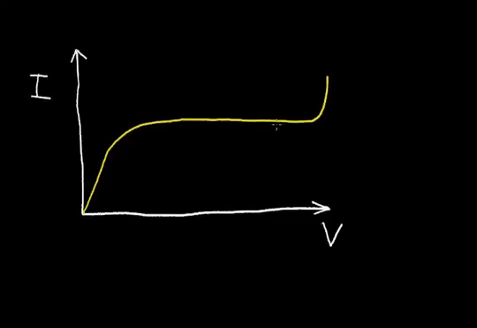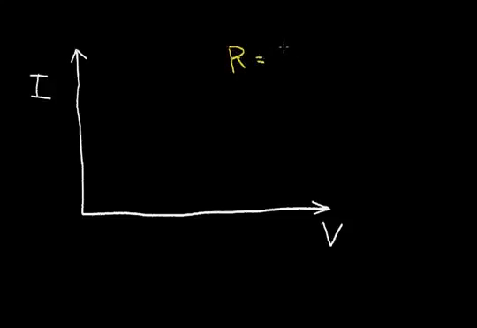So let's first start by understanding the current voltage relationship for a resistor. Let me erase this, and let's recall from Ohm's law that resistance is equal to voltage divided by current. If I have a 0 ohm resistor and I want to plot it on this graph, I would get points along this vertical axis.